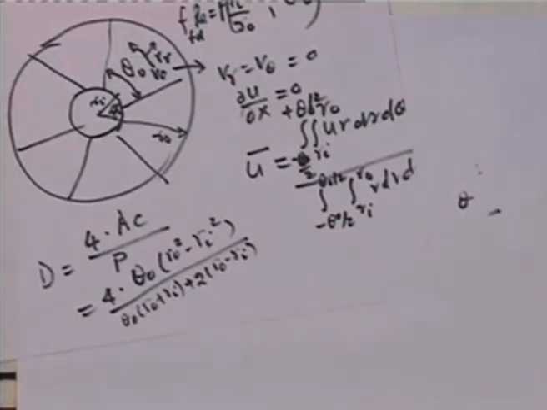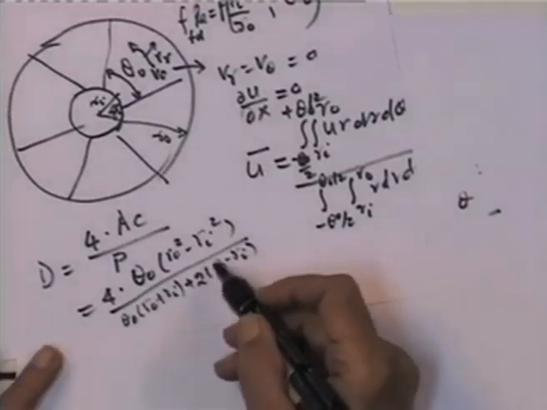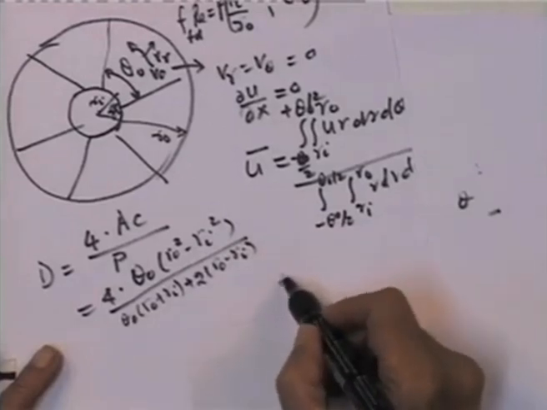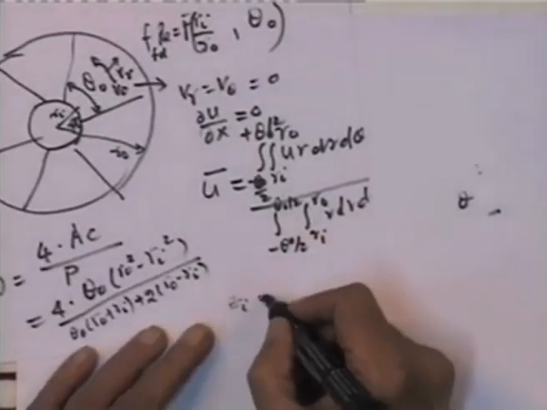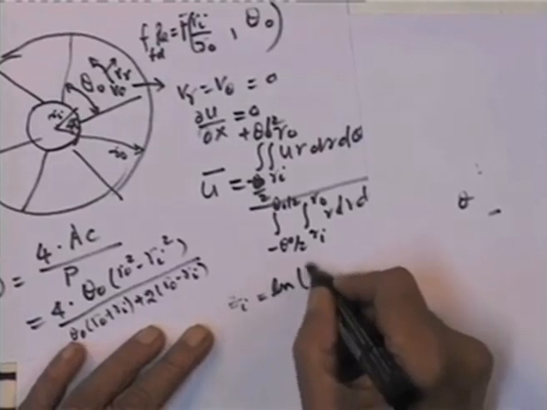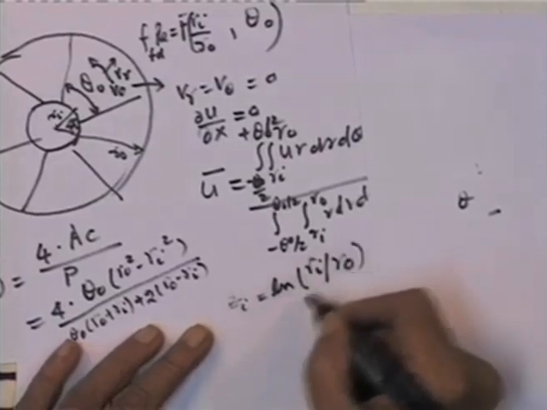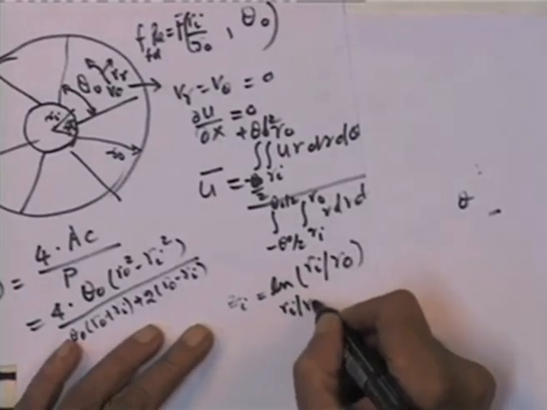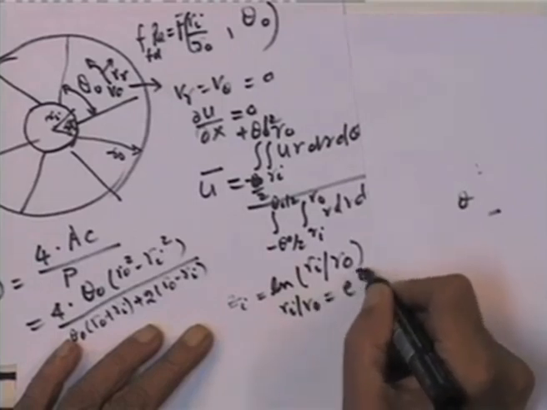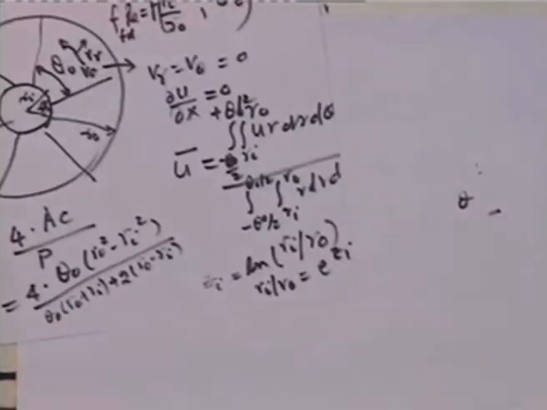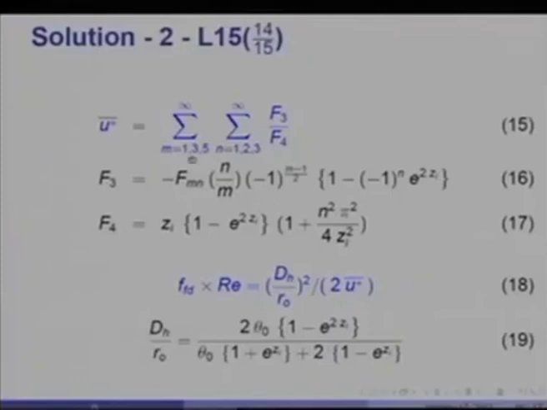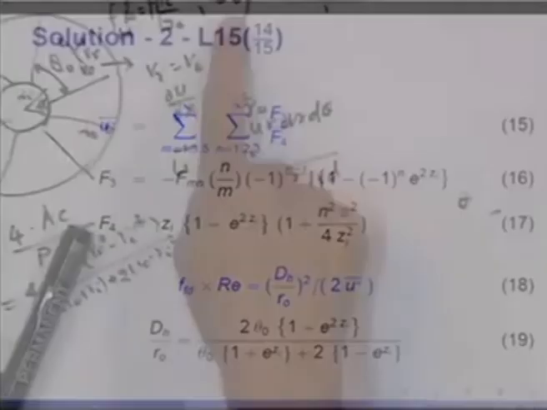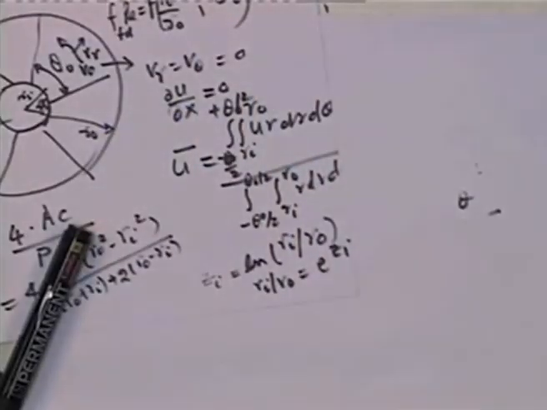And if I were to divide this through by Ro, then note that Zi is simply ln of Ri by Ro, and therefore, Ri by Ro will be equal to exponential of Zi, and that is what I have shown here. So, it is possible to evaluate friction factor and Reynolds number as a function of these two parameters, Ri by Ro and theta naught.